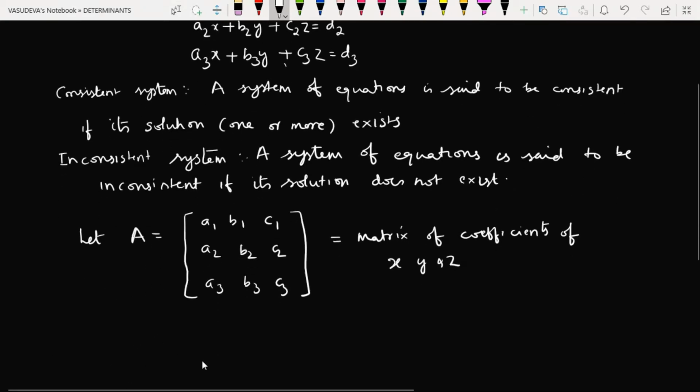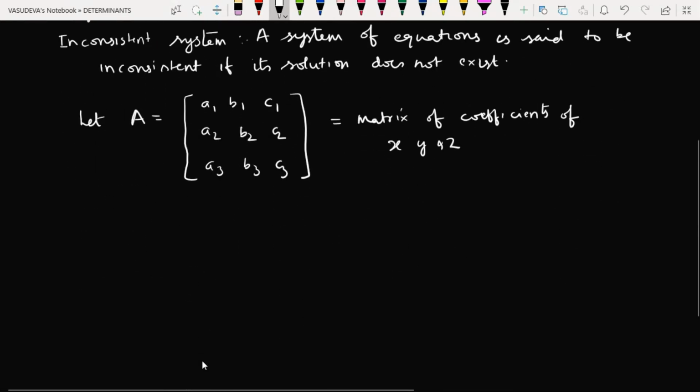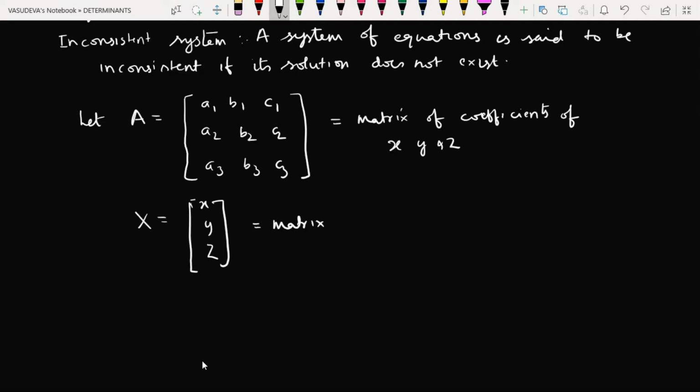Now what are the unknowns here that we need to find out? x, y, z. Let's take that as a column matrix x, y, z. It is the matrix of unknowns. Now let us take B as a column matrix d1, d2, d3.